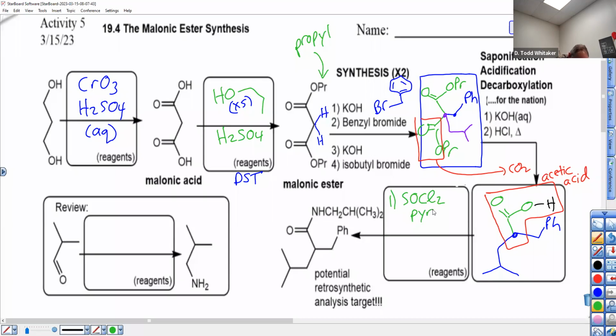And then you can react it with whatever's necessary to make the amide. And I'll even draw it this way, NH2. I drew it that way on purpose. Yeah, it attacks, the electrons go up, they come back, kick off Cl minus, and then acid base gets rid of the ammonium H.